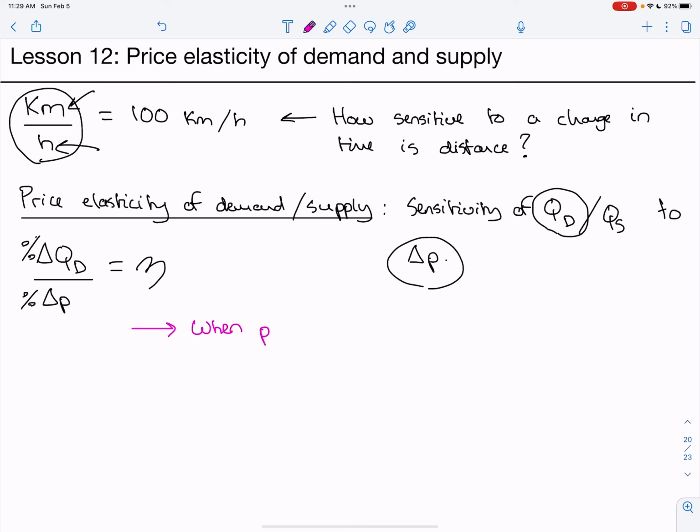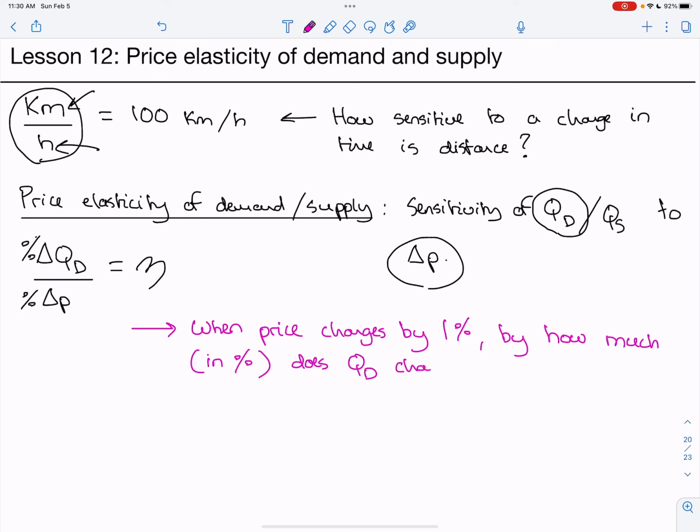When price changes by 1%, by how much in percentage does quantity demanded change by? Right? That is what elasticity is essentially telling us.